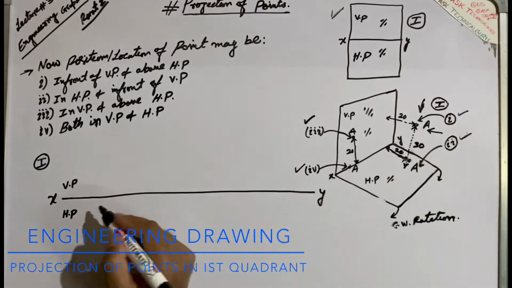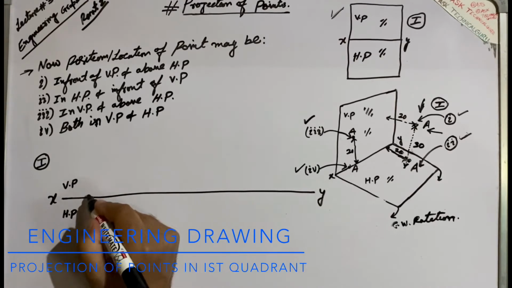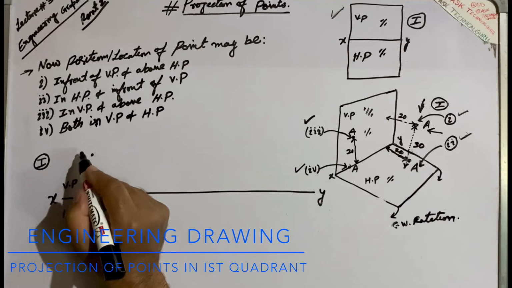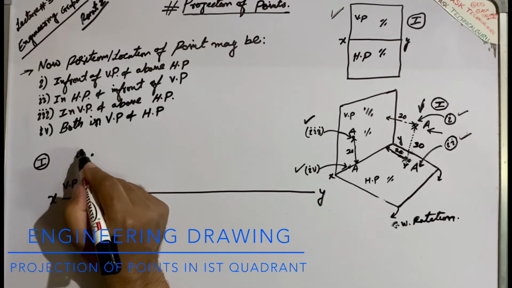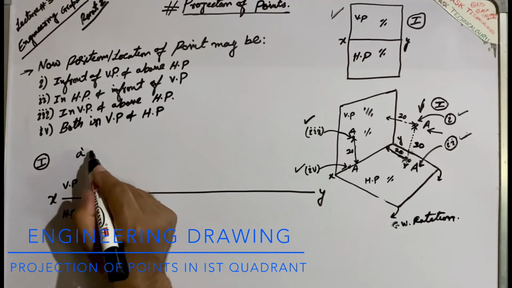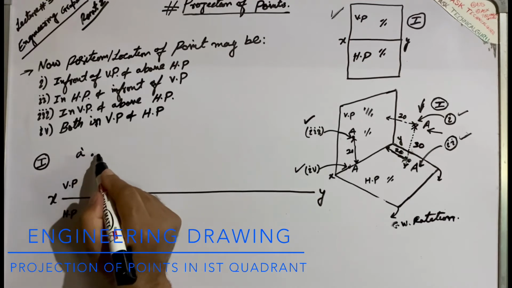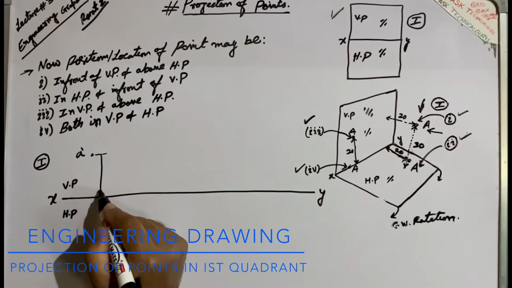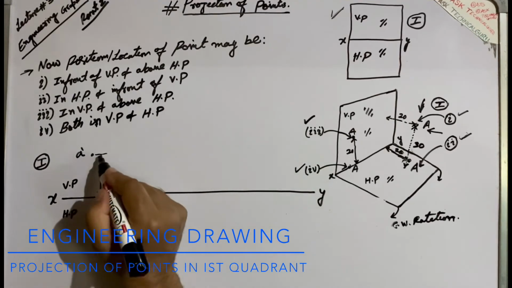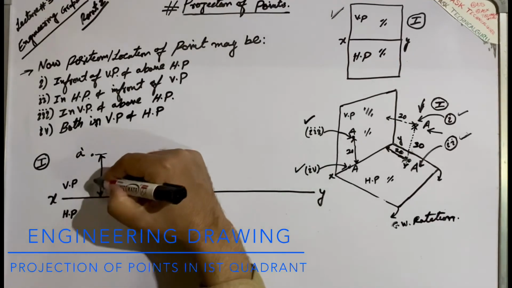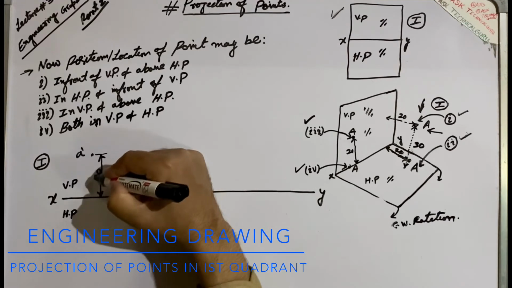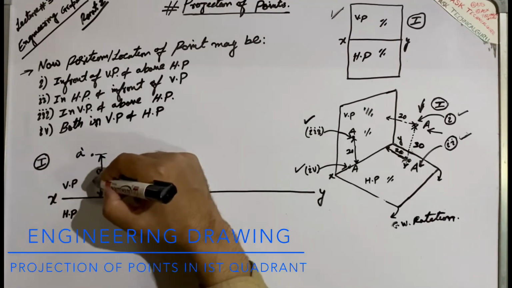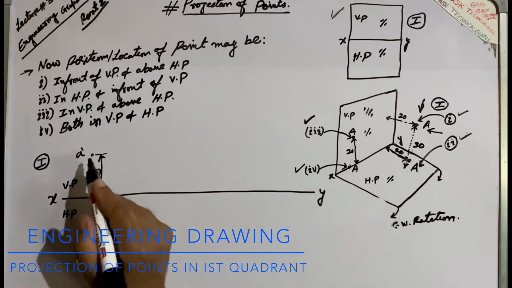In this case it is 30 mm away, so we will go 30 mm and draw its front view, and front view is always denoted by small a dash. This much distance is 30 mm.